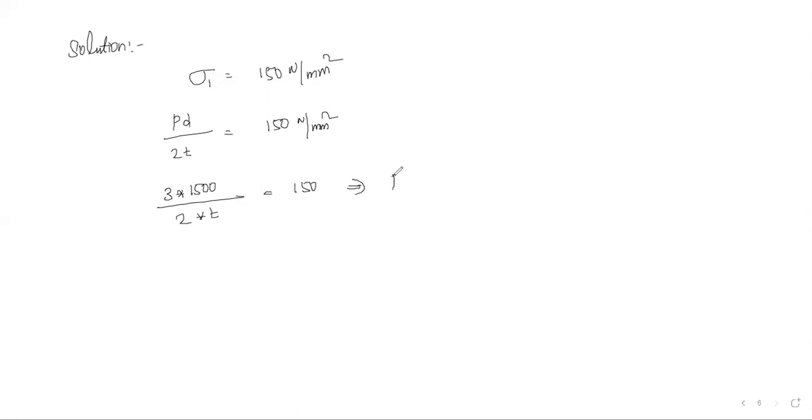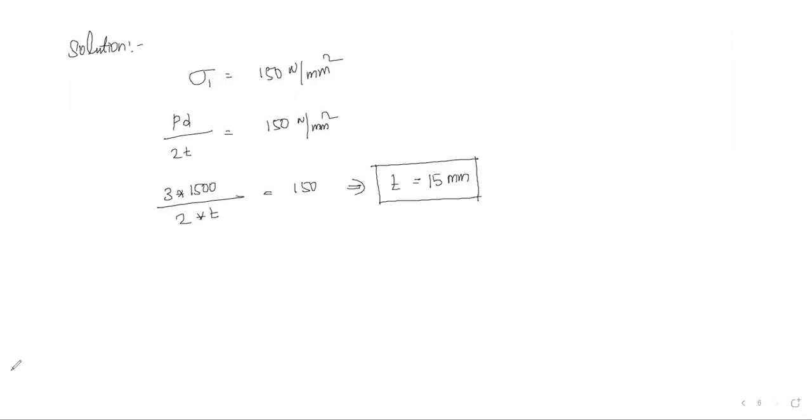So which implies thickness required is equal to, so it becomes 15 mm. So the thickness of the plates we have to give as 15 mm. Okay, then it can withstand the maximum stress of 150 Newton per mm square.